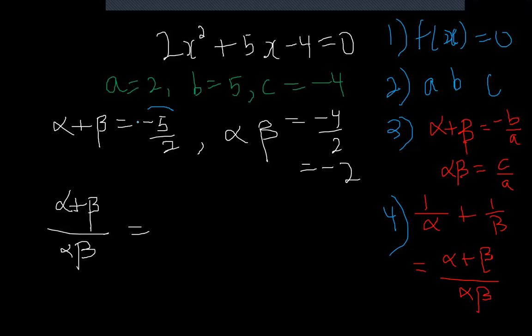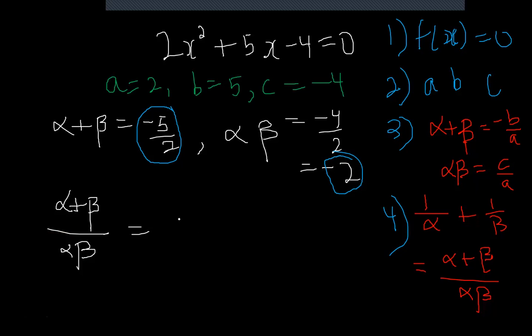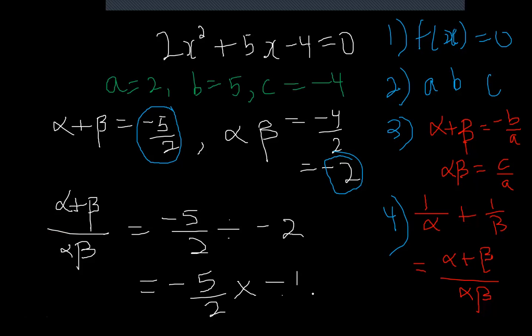This is negative 5 on 2 divided by negative 2. And we know divided by negative 2 is the same as multiplying by negative a half.